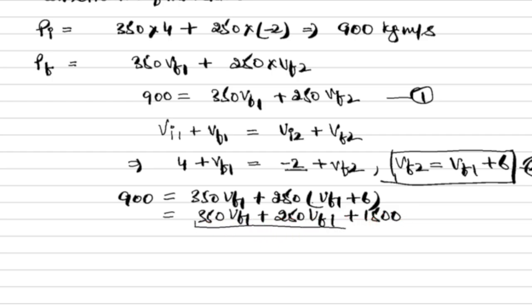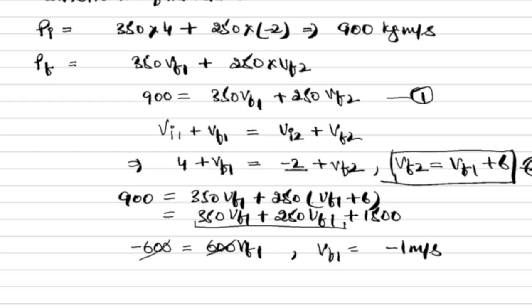I can add them up and take this 1500 to the other side, it'll be the negative sign, and I can subtract 900 from it. So that will be minus 600. Minus 600 will be equal to, I will add them up, 350 plus 250, it will be 600 again, VF1. Cancel it out. VF1 is 1 meter per second. Remember the negative sign, so you need to be careful. So this will be minus 1 meter per second.